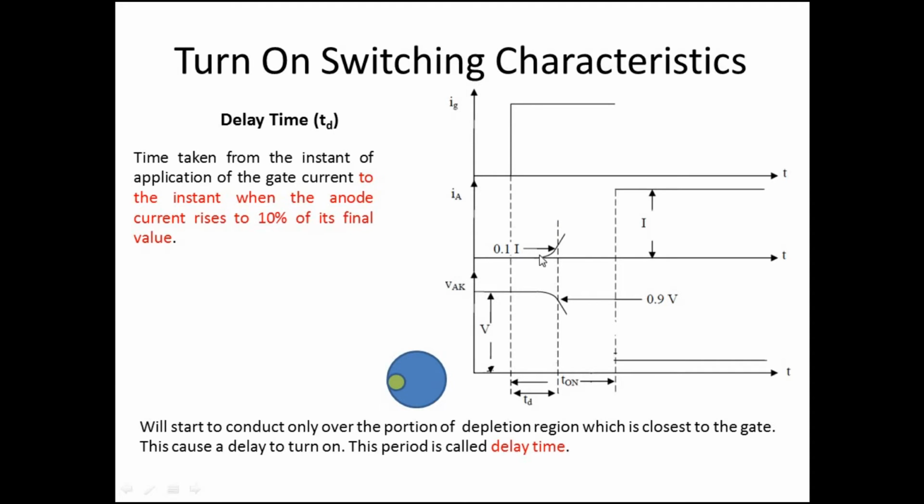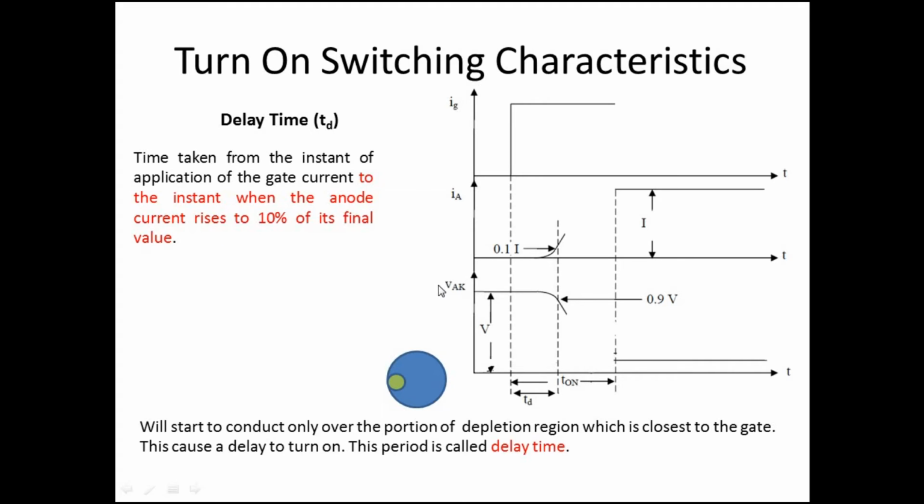It is 0 here and becomes 10% of I, 0.1 I, here. We are measuring from the instant when the gate is applied. So we define it as the time taken from the instant of application of the gate current to the instant when the anode current rises to 10% of its final value.